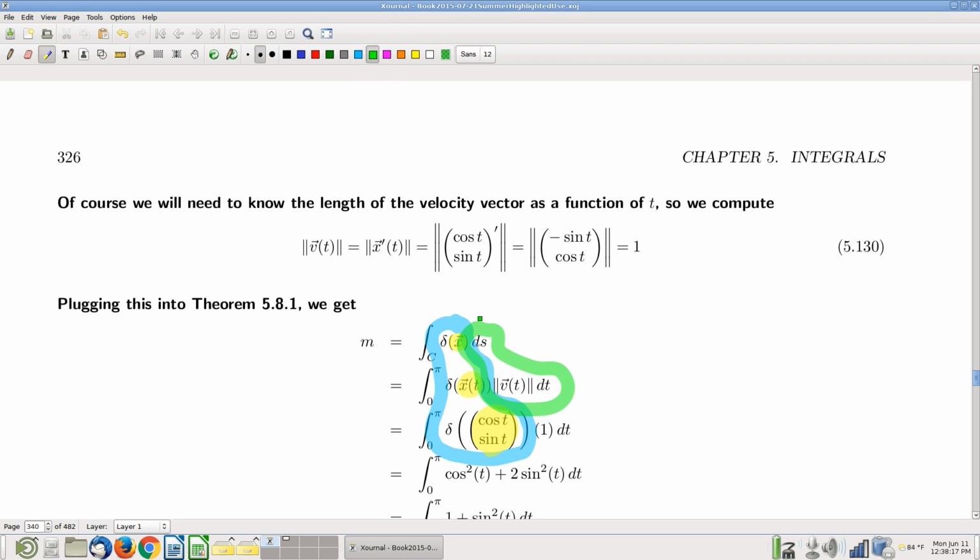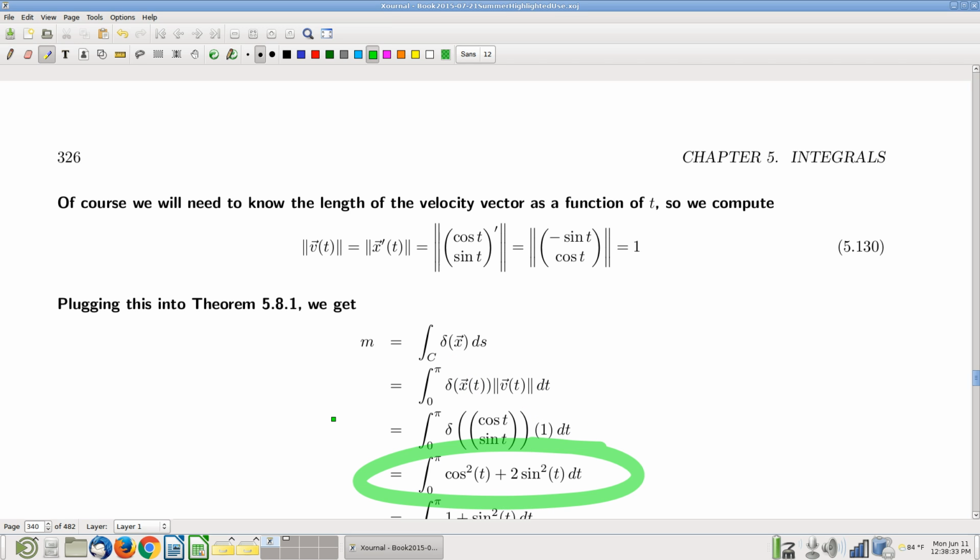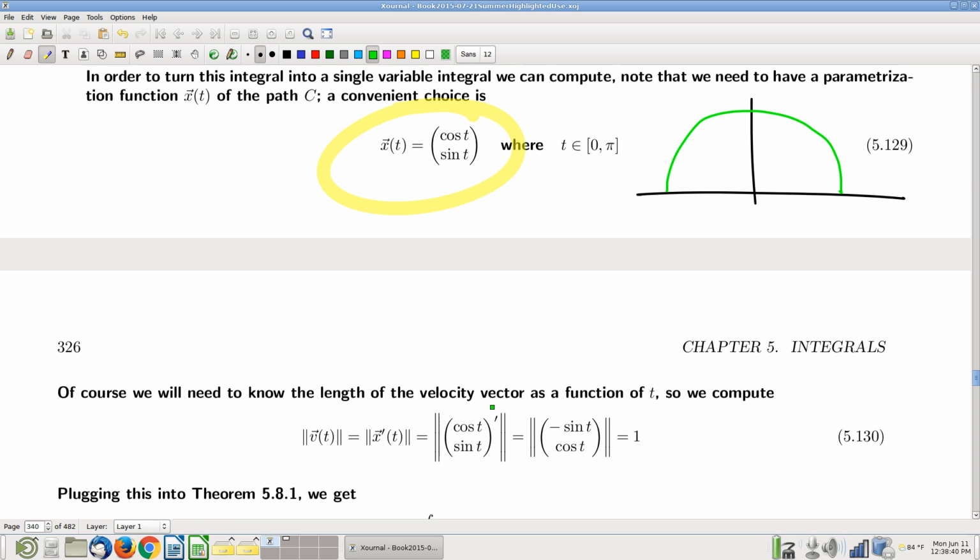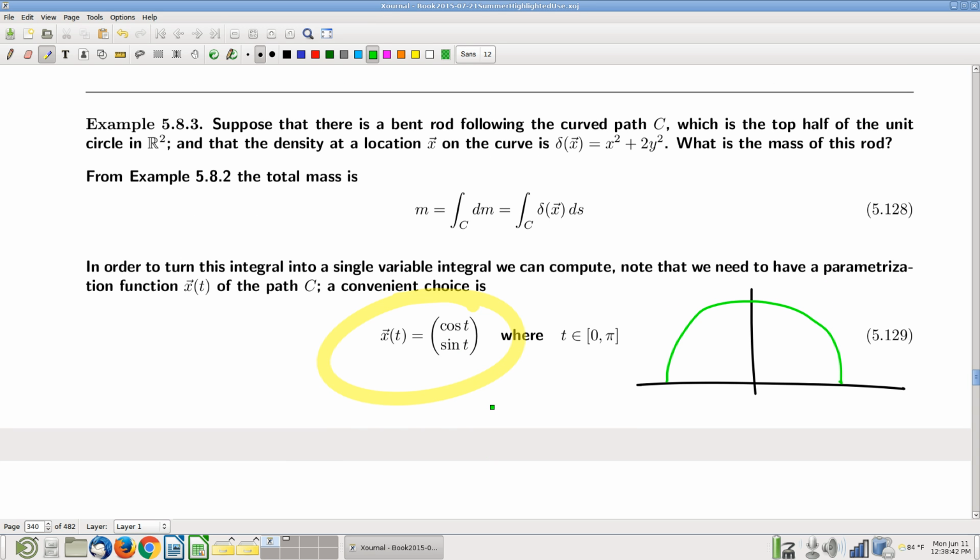ds is speed times dt. We just computed speed. Speed was 1. So just a matter of plugging in. And, well, sure enough, we have ourselves a single variable integral. All I've done here on this density function, let's go back up and remind ourselves we were given the density function.